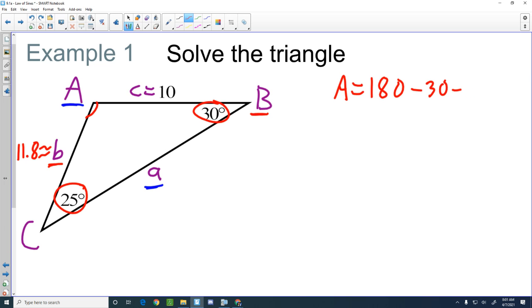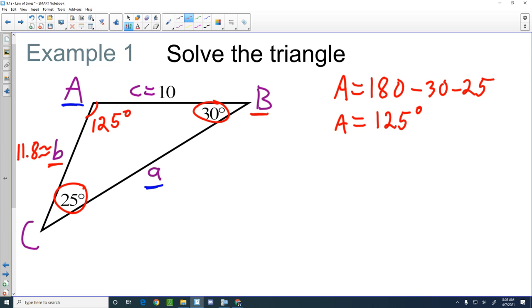Subtract the 30, subtract the 25, and we see that angle A equals 125 degrees. And so that gives us another value, 125 degrees.